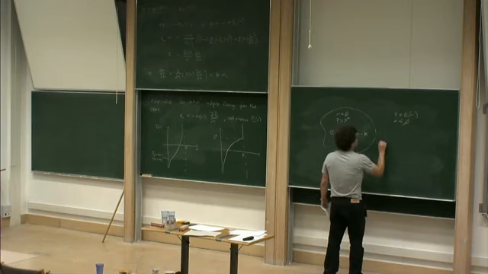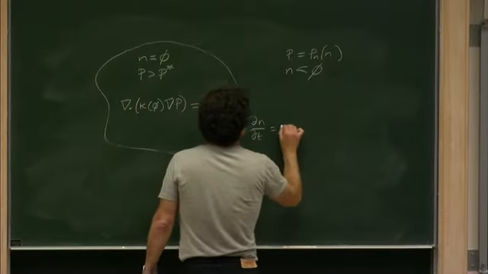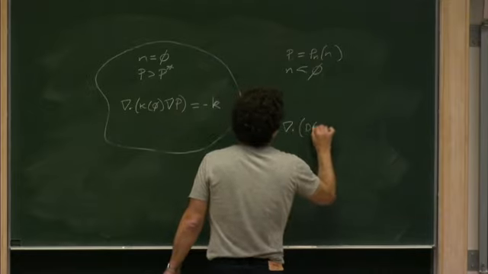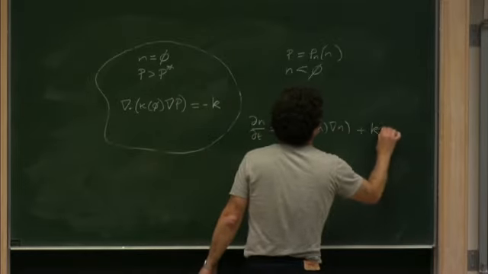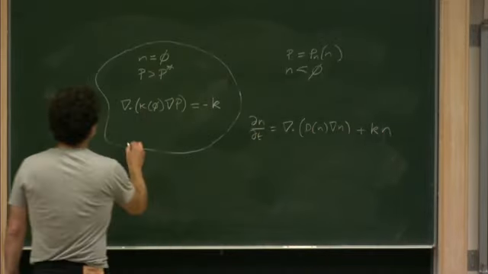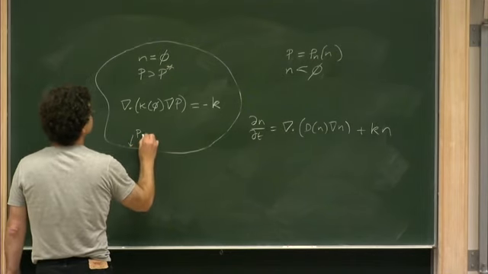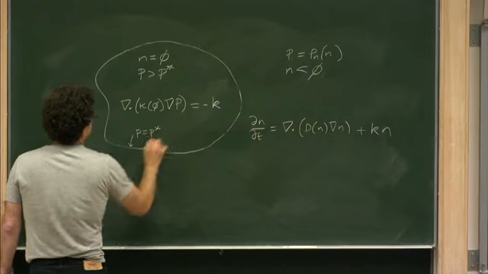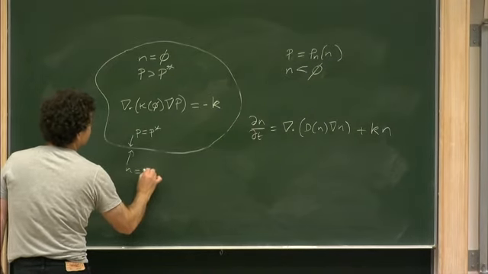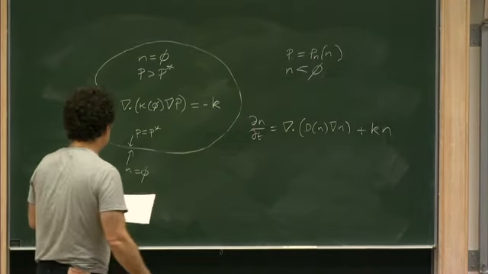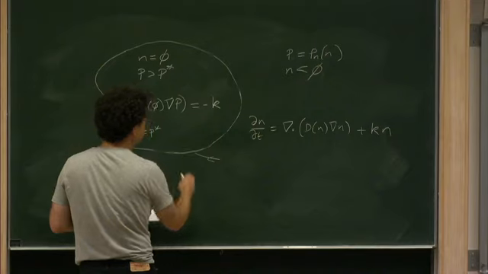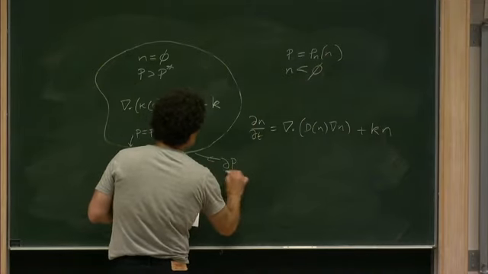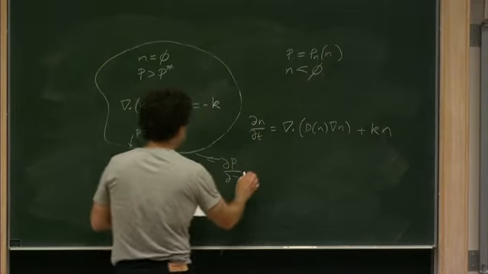So outside, we've got dn/dt given by the reaction diffusion equation. So the flux of n is known in terms of the other quantities, k(n). And then on the inside, we've got p is p star. On the outside, we've got n is phi. And then the final condition tells you how fast that interface between the two is moving.